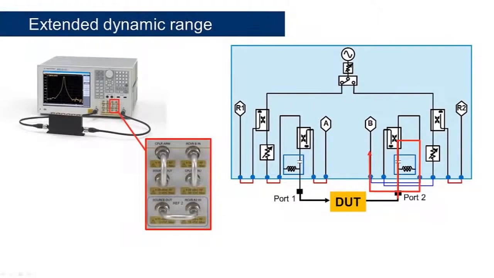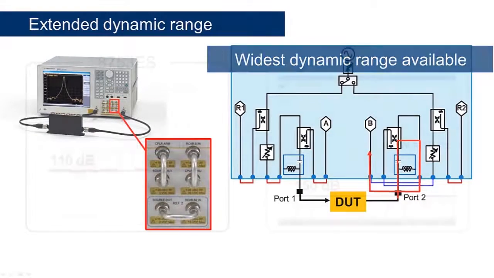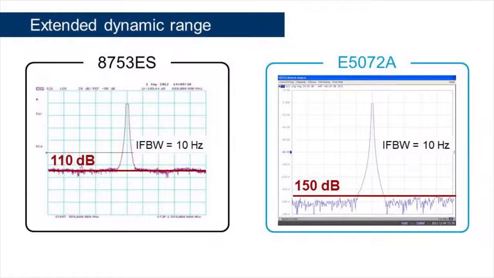By eliminating the loss of coupling factor, the E5072A's dynamic range is wider than any other RF network analyzers available in the market today. Here we compare measurement results of a high rejection filter. The E5072A has more than 150 dB dynamic range to monitor the DUT's out-of-band performance. You can't see that with the 8753.